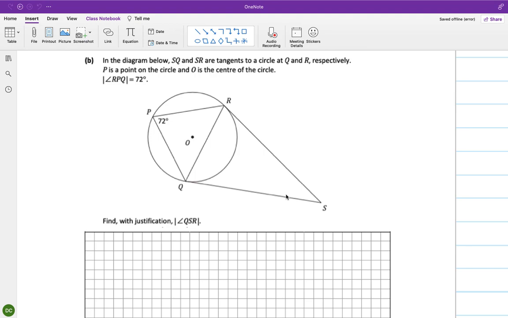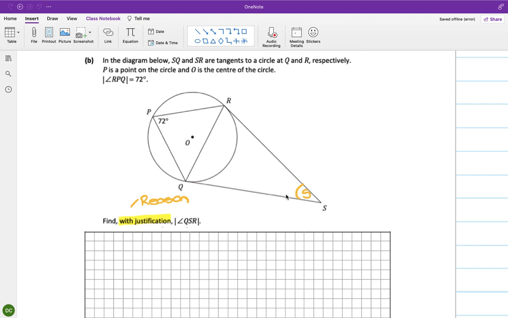Angle OPQ is 72 degrees, which is all in the question, and find, with justification, the angle QSR. Just to be clear, I'm going to call this S. With justification means giving reasons. You know, all that stuff I had you doing in class, where it's like, this angle equals 60 because it's an alternate angle, this angle equals 80 because it's vertically opposite. That's what justification means. It means reasons.